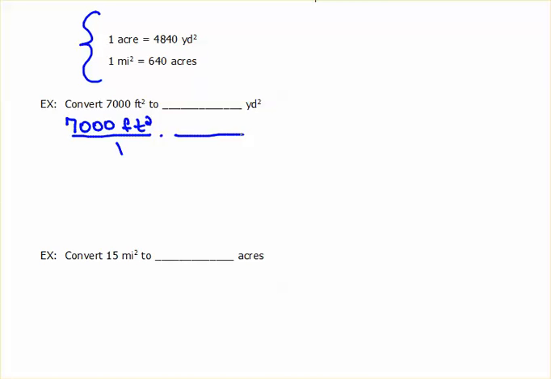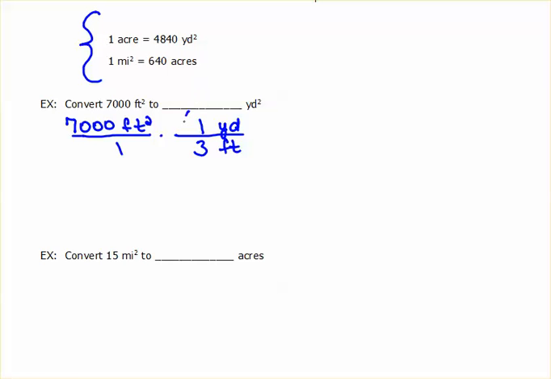Now, we don't want feet, we want yards. So we're going to put in feet down here on the bottom and yards at the top because we do know the relationship between those. There are 3 feet in 1 yard. But it's not yard, it's yard squared and feet squared.